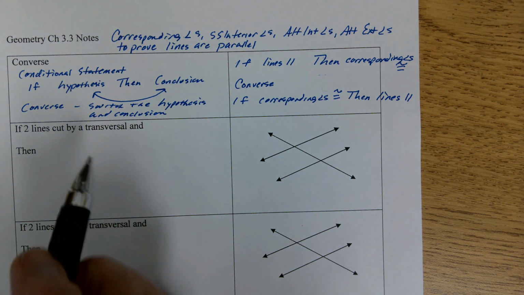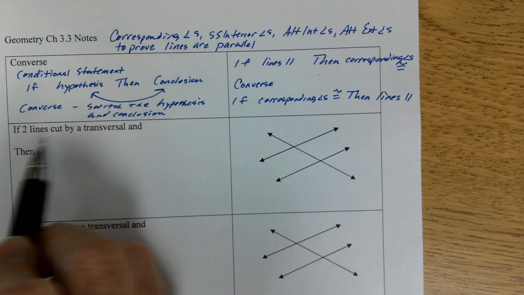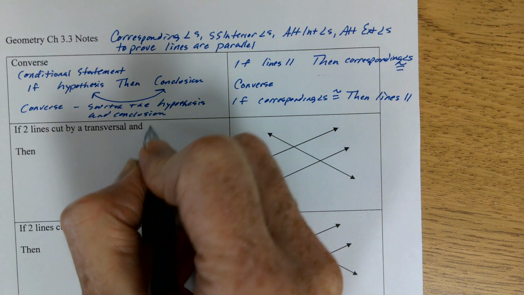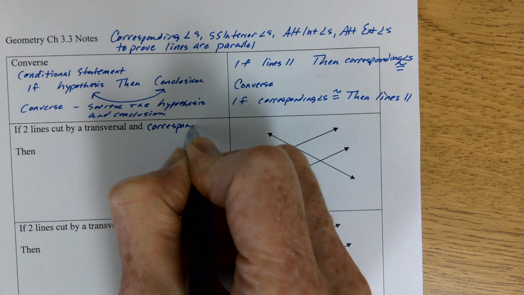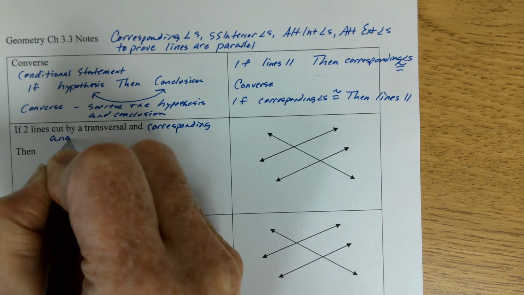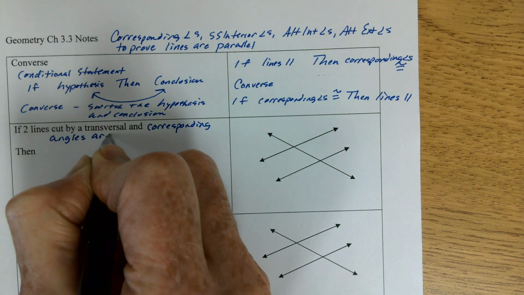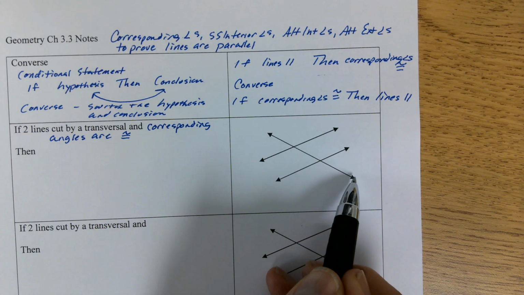So here's what we have been doing. If two lines are cut by a transversal, okay, that part's just regular, and corresponding angles are congruent. So all we know is we have two lines cut by a transversal.